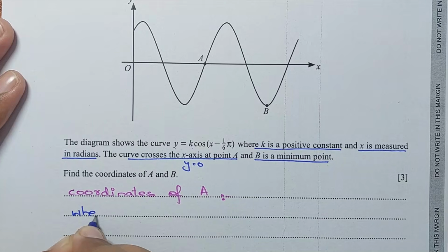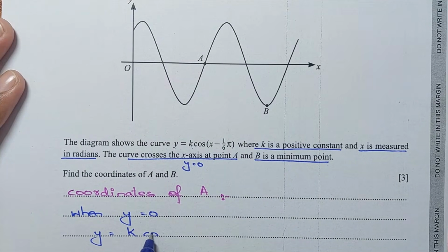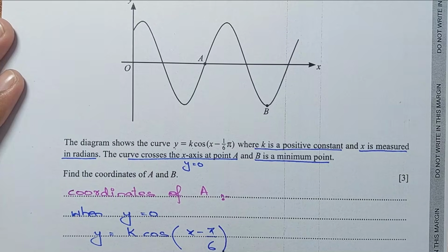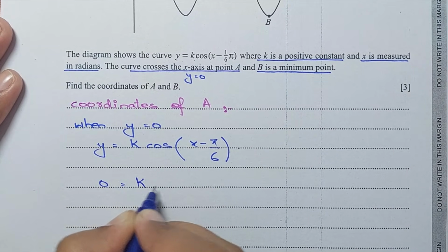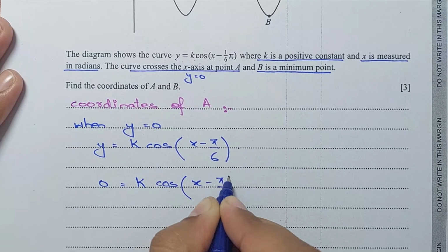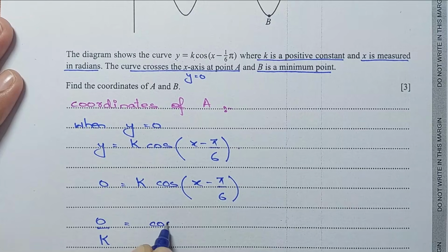So when y is equal to 0 in the equation of the curve, we have y equals k cos(x minus pi over 6). Now y is 0, so 0 equals k cos(x minus pi by 6), so 0 over k is cos(x minus pi by 6).